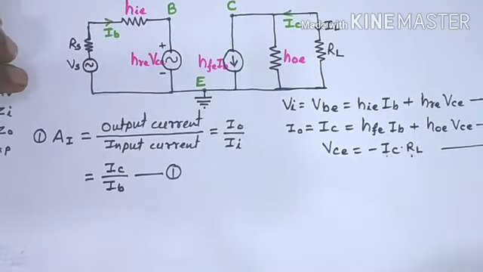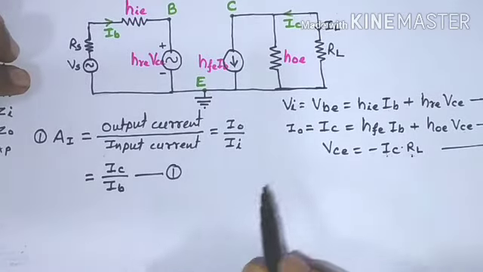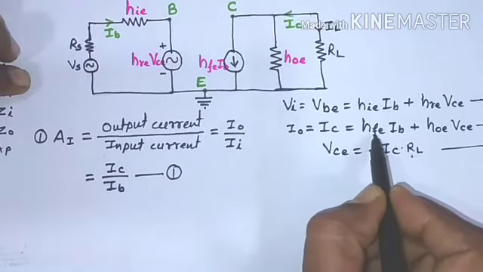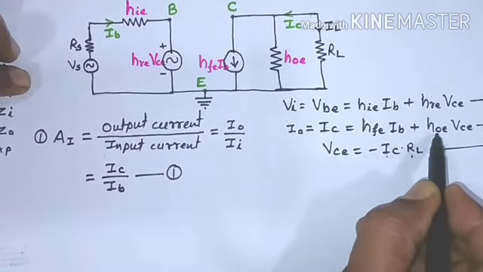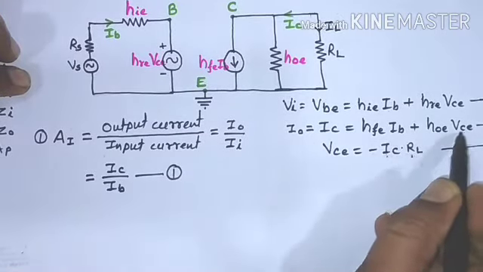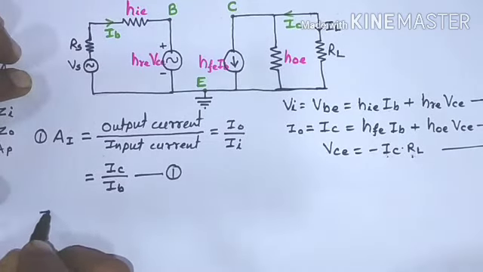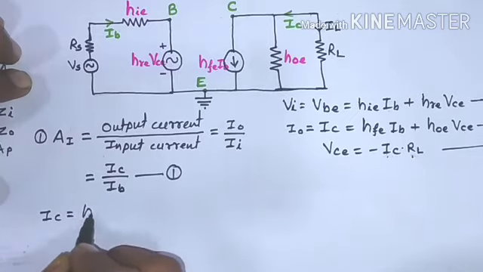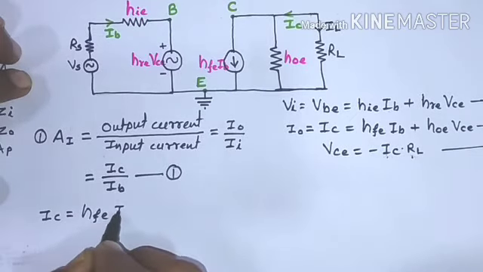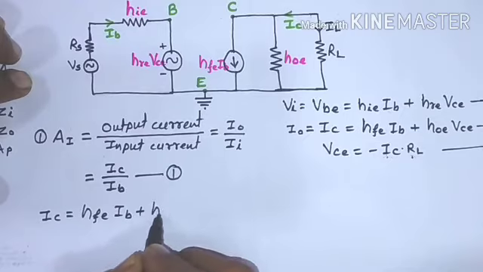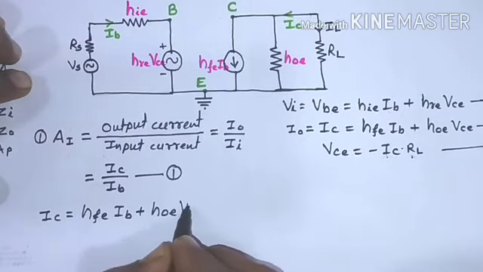Now in the next step, we have this equation for IC. IC equals HFE into IB plus HOE into VCE. This is the standard equation, so we can write it here: IC equals HFE into IB plus HOE into VCE.